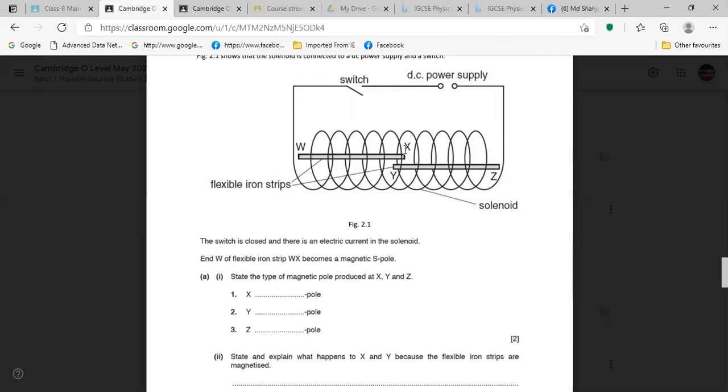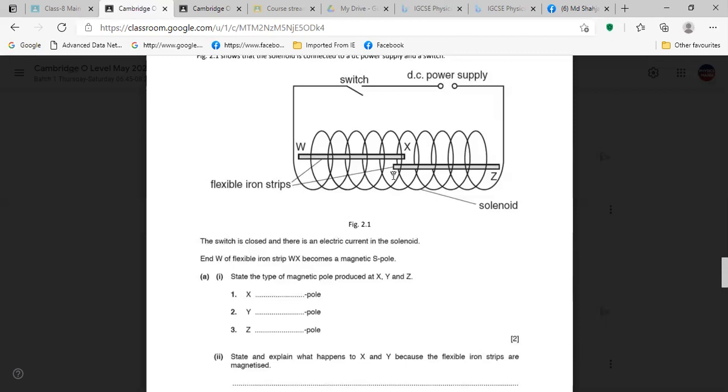Then if X is north pole, what will happen to Y? It will become the south pole.